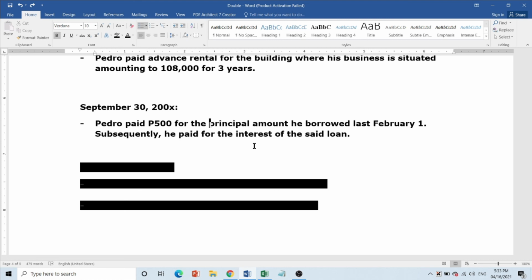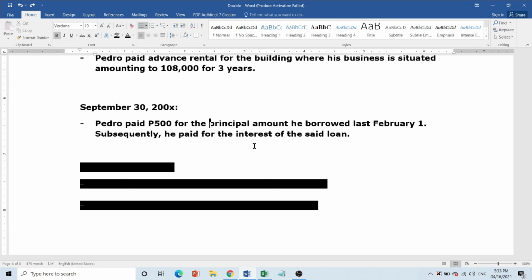Dapat alam din po ninyo yung mga normal balances. Assets, normal balance is debit. Liabilities, normal balance is credit. Equity, normal balance is credit. Isa sa part ng FS, yung income statement. Those accounts na makikita po ninyo doon ay closed at the end of the year, isinasarado po yan doon sa equity account.